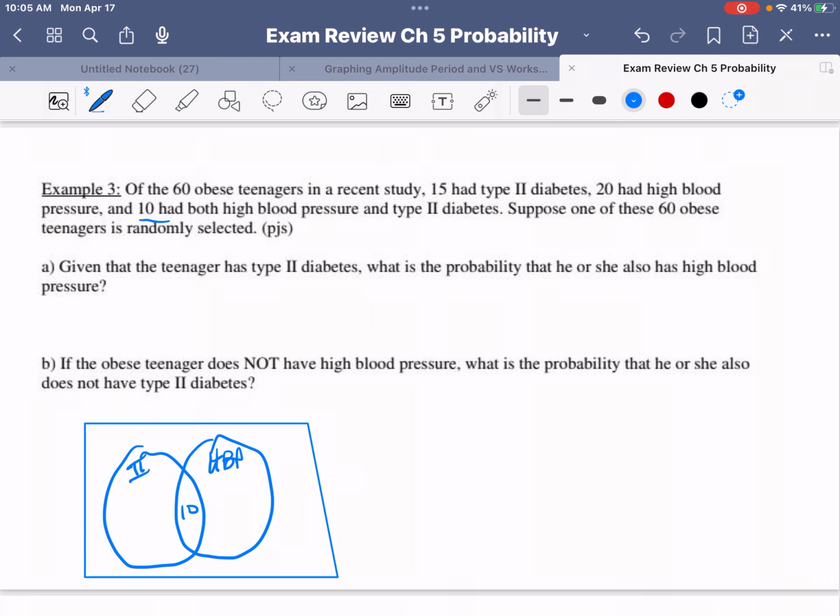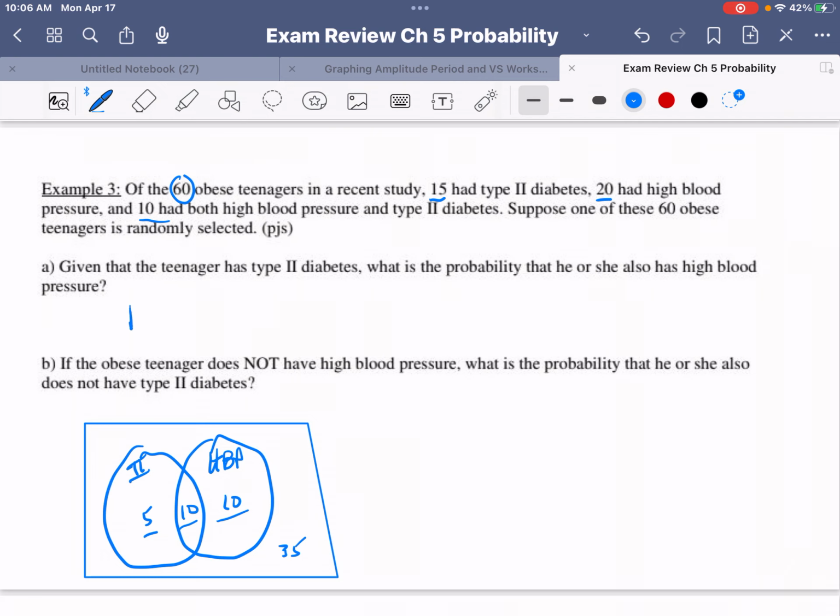So I think I'll put a 10 here. 15 had type 2 diabetes, so I only need a 5 there to complete that. 20 had high blood pressure, so I need a 10 here to make high blood pressure a 20. Now it says 60 were involved in the study, but the sum of these numbers only adds up to 25. So 35 goes out here. 35 had neither type 2 diabetes or high blood pressure.